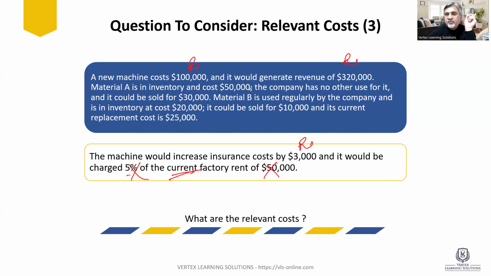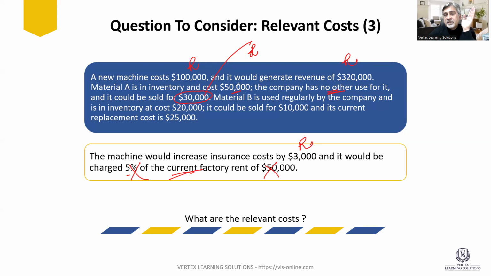Material A is already in the inventory. You purchased it for 50. The company has no other use for it, and it could be sold for 30,000. So either you use this material in this project or you sell it out. If you sell it out, you will sell it for 30,000. So 30,000 is relevant. We purchased it for 50,000, but that is past cost. Past costs are not relevant. 50,000 we paid sometime in the past before this decision.